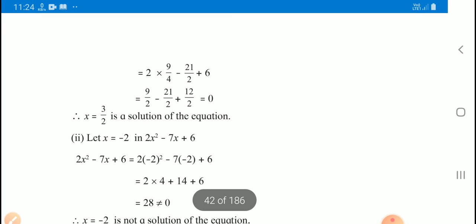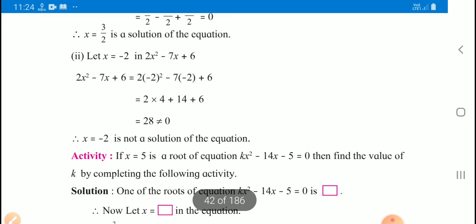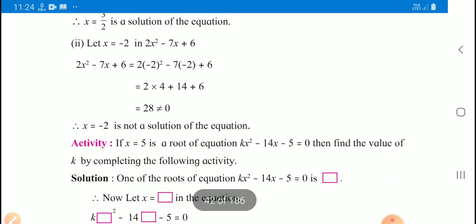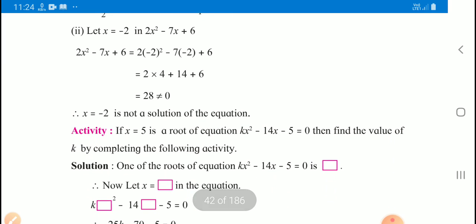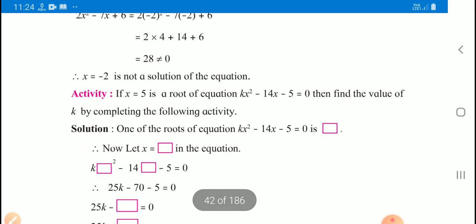So x equal to 3 upon 2 is a solution of the equation. But if we put x equal to minus 2 in 2x square minus 7x plus 6, then the value comes 28. It is not equal to 0. So x equal to negative 2 is not a solution of the equation.